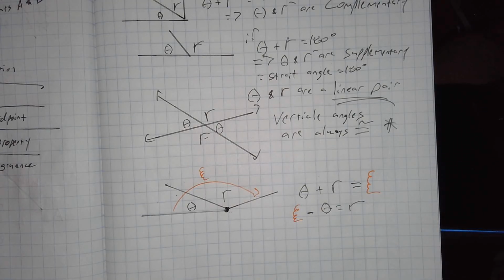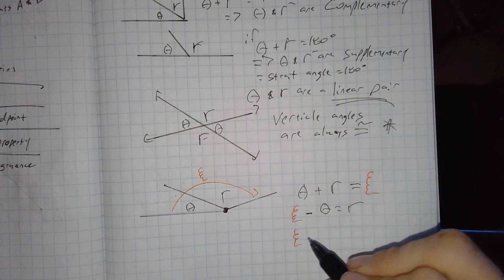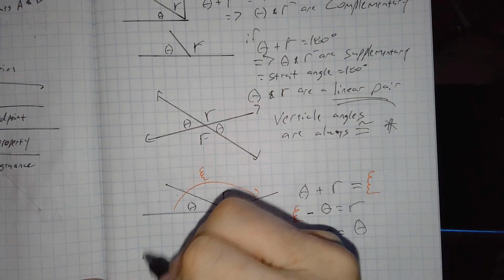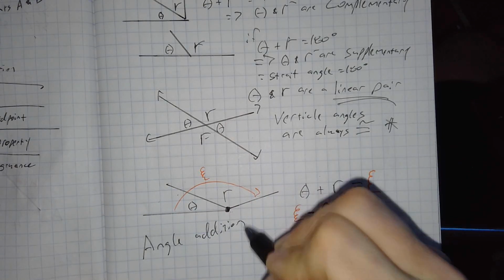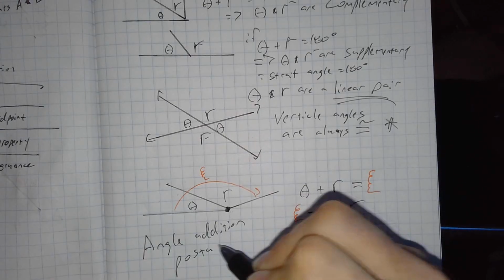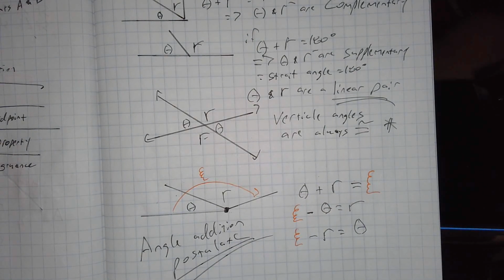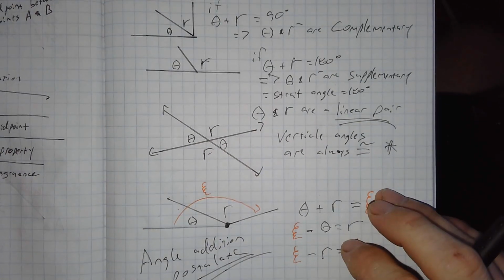Or you could say that epsilon minus rho equals theta. This is the angle addition postulate. Okay, so those are some pretty basic angle relationships that come in useful throughout geometry.